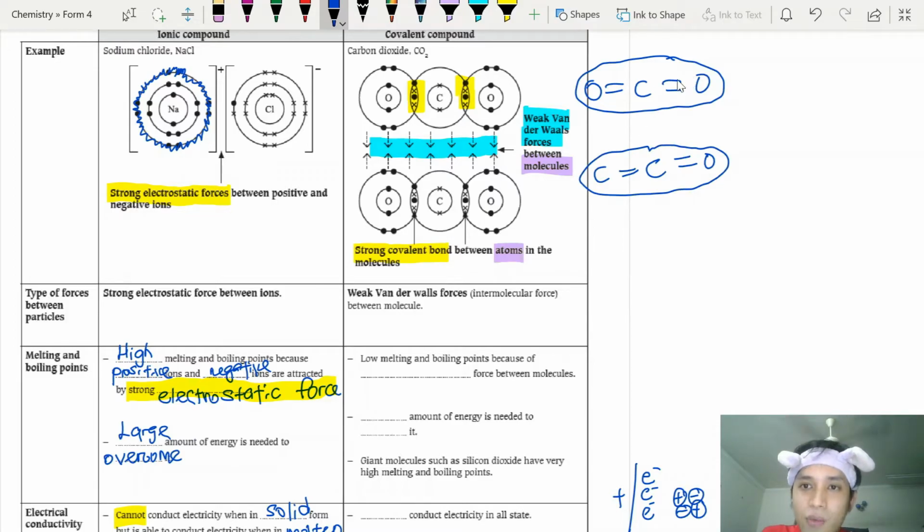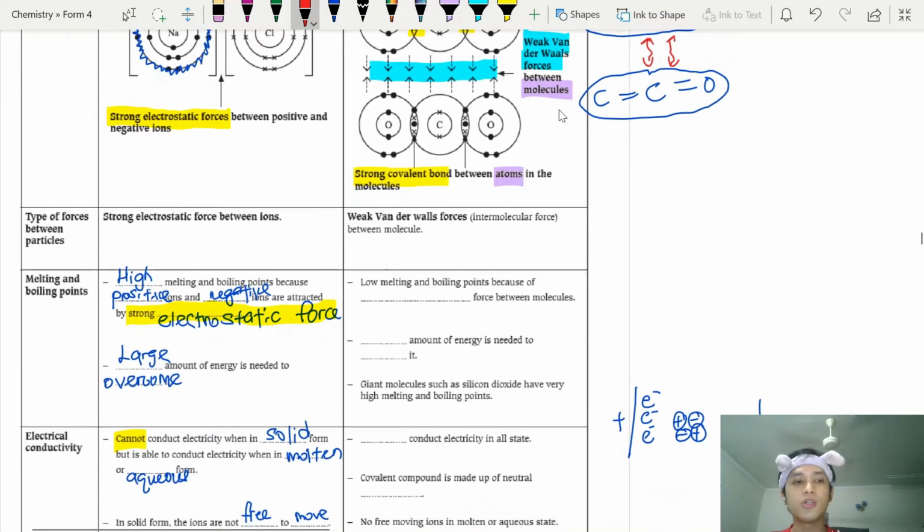Inside one molecule we have covalent bond, and this covalent bond is always strong. Between molecules, remember, between, is what we call the van der Waals forces. They are attracted by a van der Waals force. This one will always be weak.